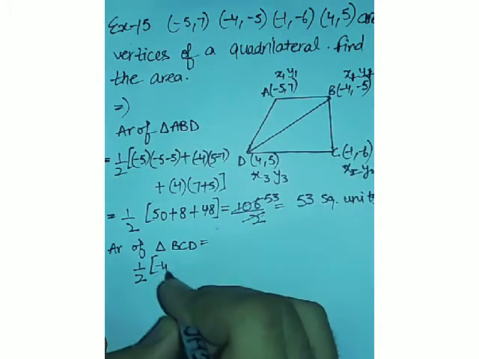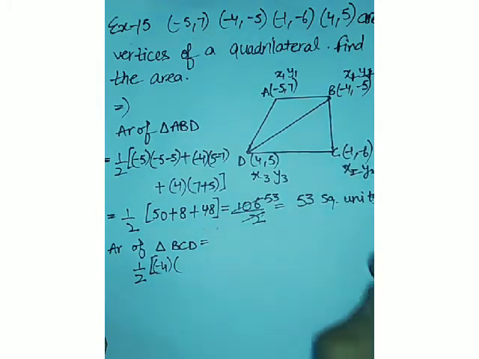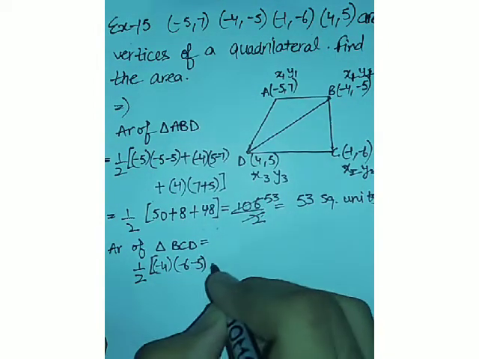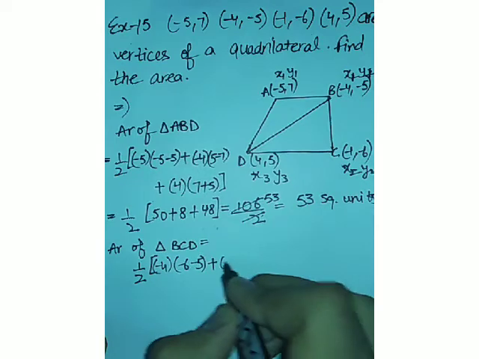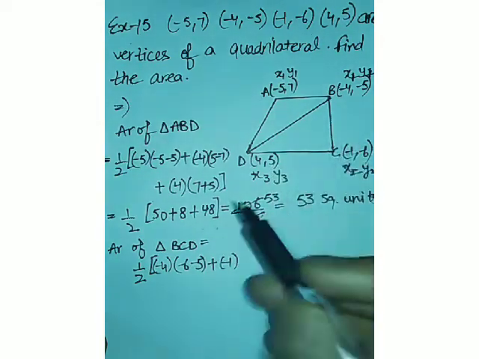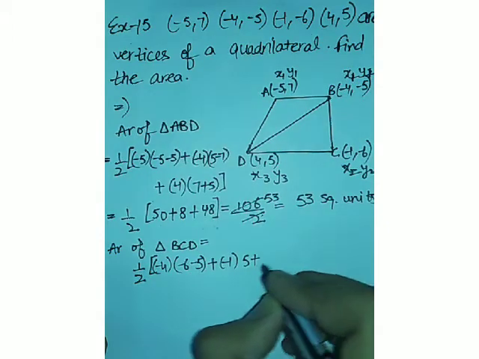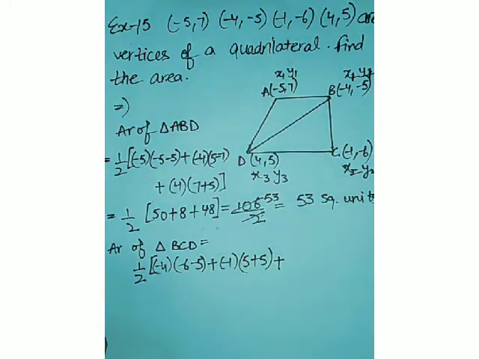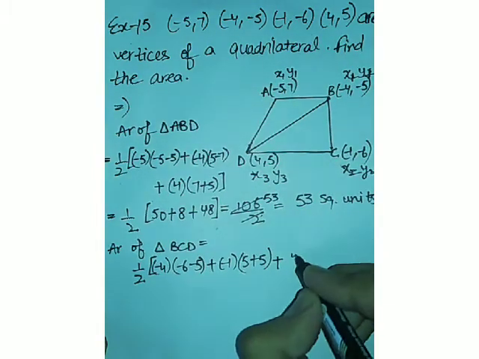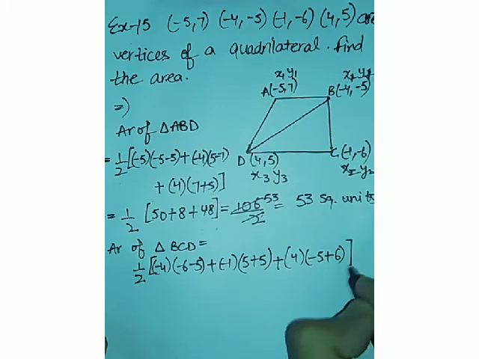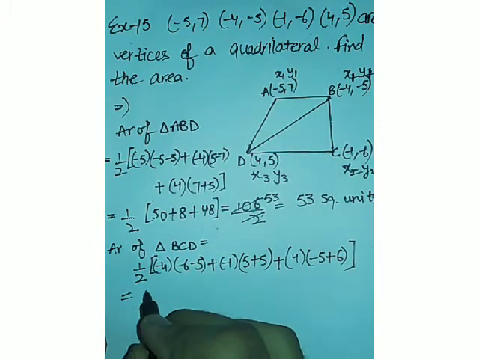That is minus 4. y2 minus y3, minus 6 minus 5, plus x2, that is minus 1. y3 minus y1, 5 minus minus 5, that is 5 plus 5, plus x3, that is 4, and minus 5 plus 6, because y1 minus y2.